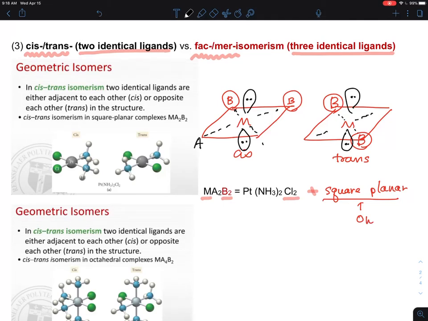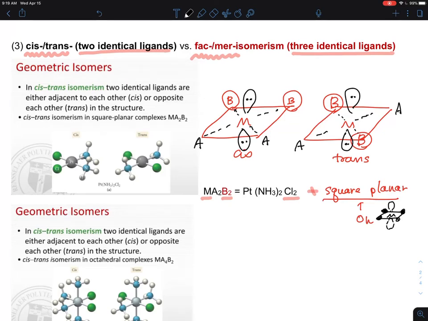If I put an A here, this is redundant, but that's a trans and that's for the cis. So the square planar is an octahedral geometry, and you have 4 atoms making a coordination with the metal, and invisible coordination. People don't call it coordination, but the lone pair electrons on the axial position make up the square planar.